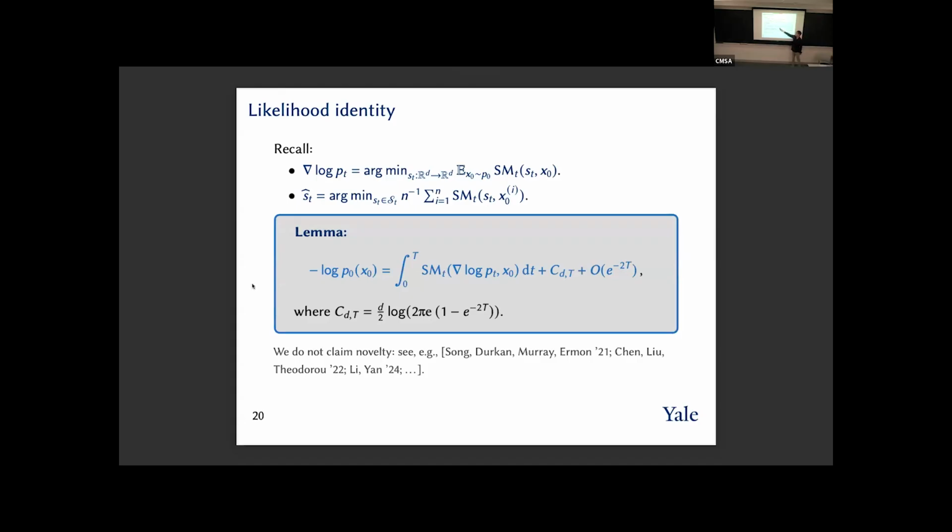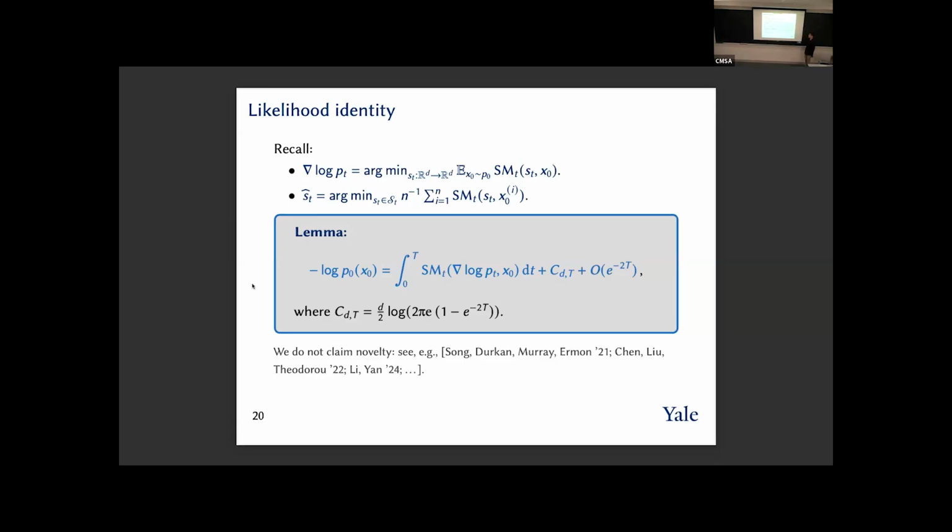I have the integral of this score matching loss, evaluated at the true scores and at this point x0, plus a known constant c, which depends on dimension and the time t that I run the process. The constant is just given here. It's related to the differential entropy of the Gaussian, plus a remainder term that vanishes exponentially fast. So if I take the time of the diffusion model to be growing, then this term is usually negligible.